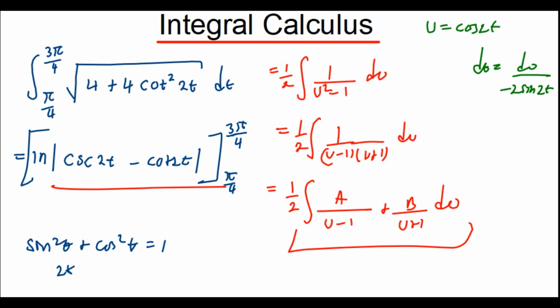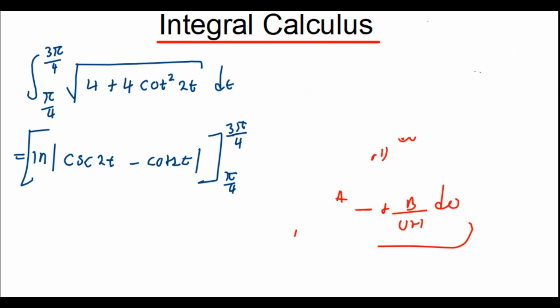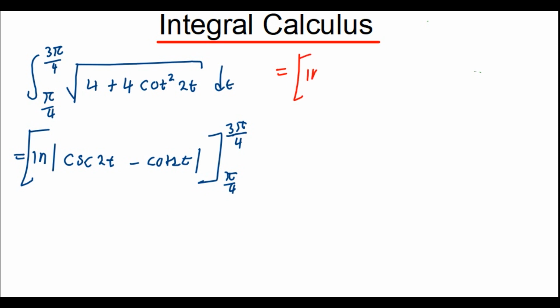And for the case here that we have, which is also quite interesting, instead of using cosec as well as cot, you can write this as ln of, instead of cosec 2t, 1 over sine 2t minus, instead of cot, cos 2t divided by sine 2t.